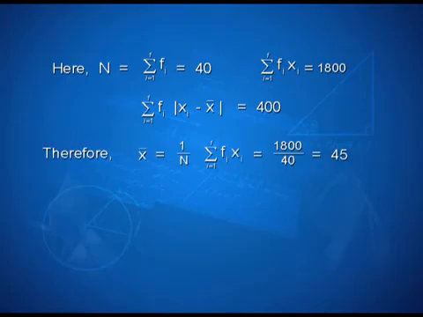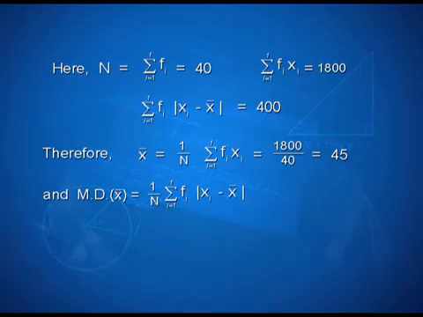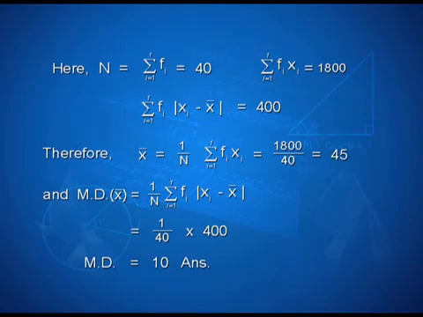Therefore, x bar is equal to 1 upon n into summation i ranging from 1 to 7 fi xi, that is equal to 1800 upon 40, that is equal to 45, and mean deviation about mean x bar is equal to 1 upon n into summation i ranging from 1 to 7 fi into absolute value of xi minus x bar, that is equal to 1 upon 40 into 400, that is equal to 10. Therefore, the mean deviation is 10 here.